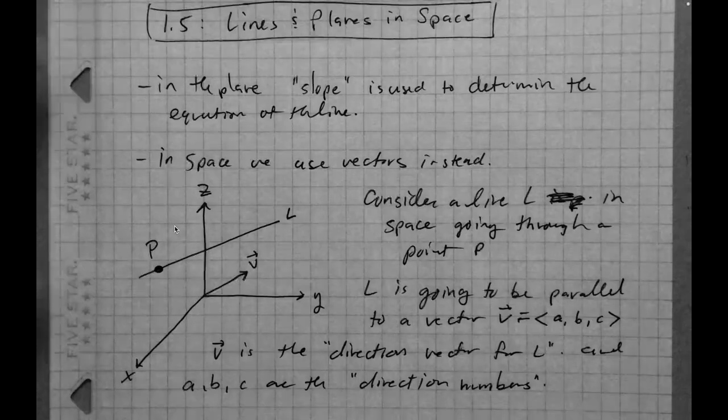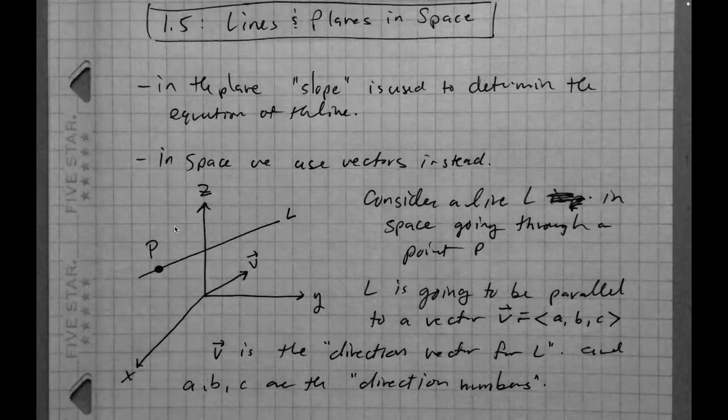So much of math is just giving names to things and stating how things relate to one another. So we need these names: direction vector, direction numbers. Now let's talk more about this line L.